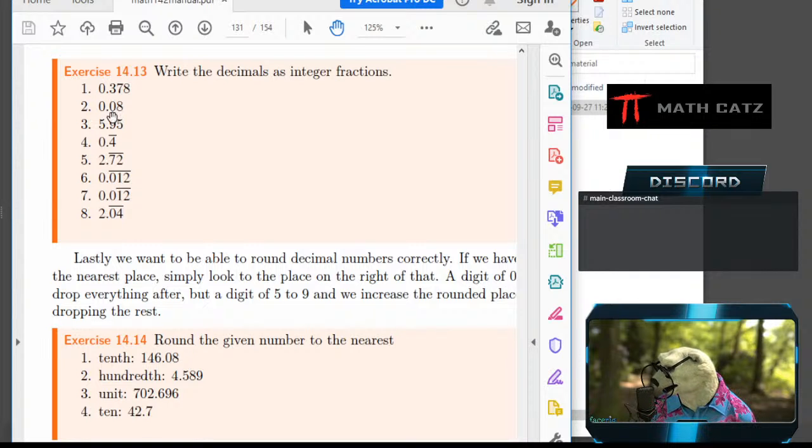For number 2, it's technically 0.8 or just 8 over, what would you say? 100, right, because there are 2 places, so 2 zeros in my denominator. And then the next one is 5, which is the whole portion, and 95 over 100.